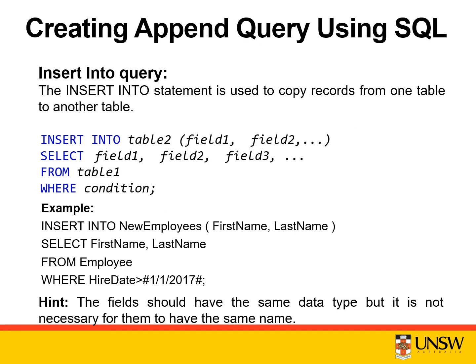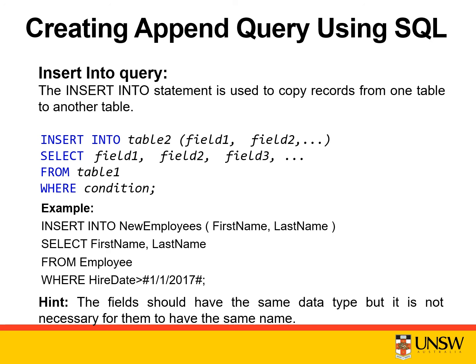The third action query is append query that is used to copy data from one table to another one. In order to add this query, type insert into, then type the name of the destination table and the fields that should be filled with the records of the original table. Then type select and type the fields that you want to copy.